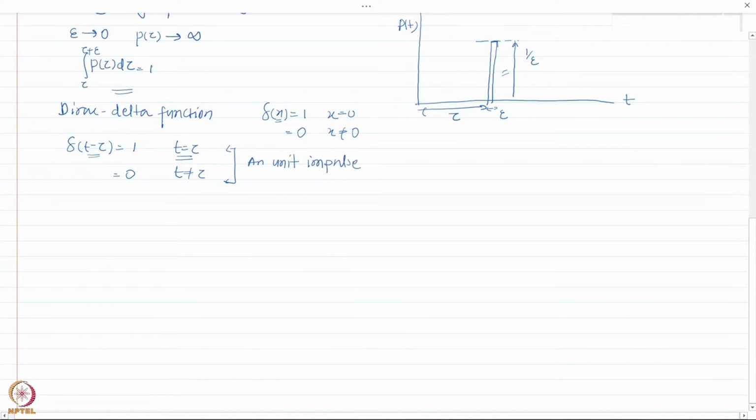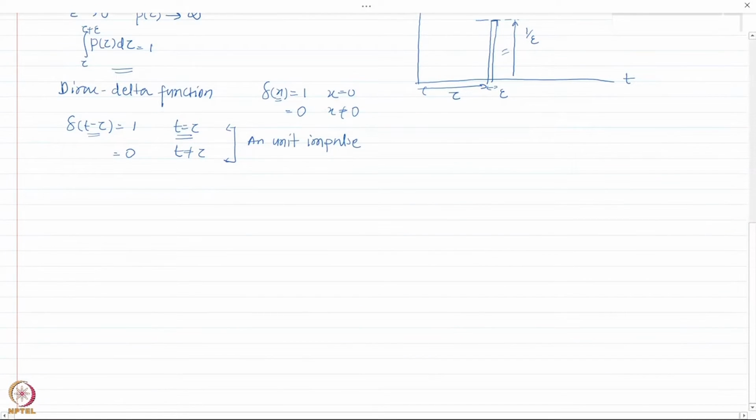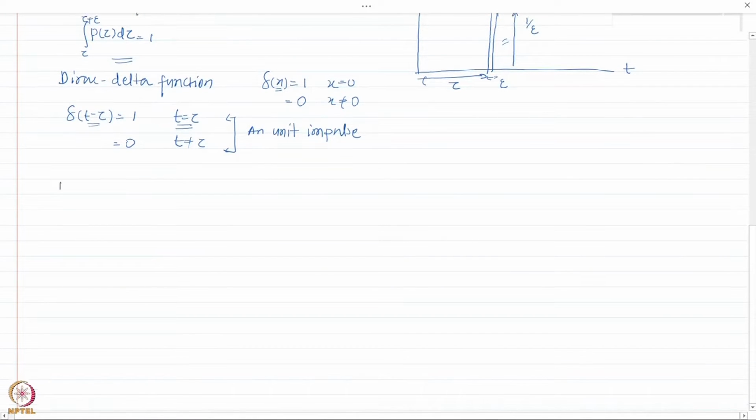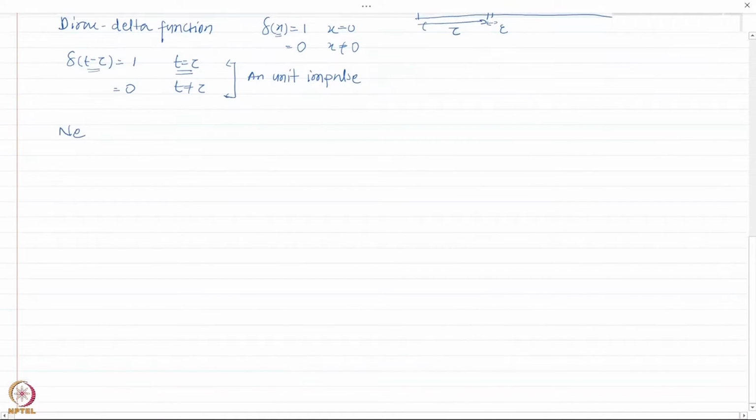Now according to Newton's second law of motion, if we have a force p that acts on a body, the rate of change of momentum of that body is equal to the applied force. So let me utilize Newton's second law.